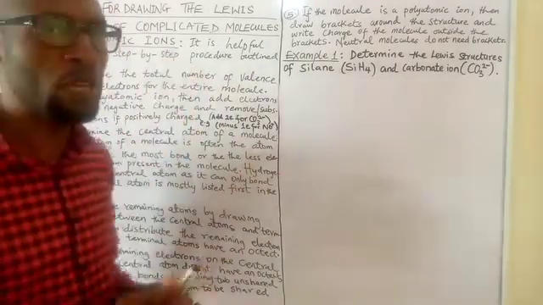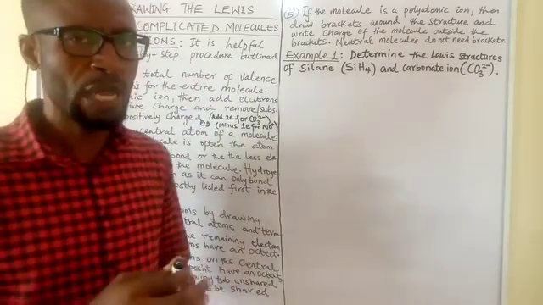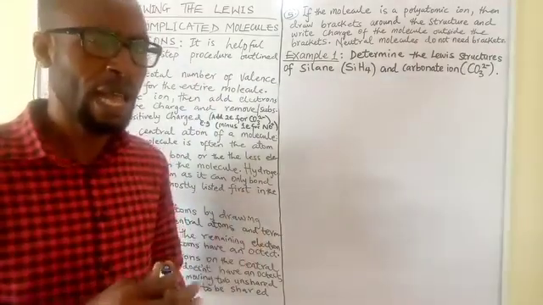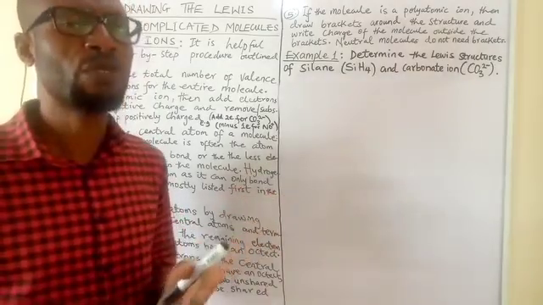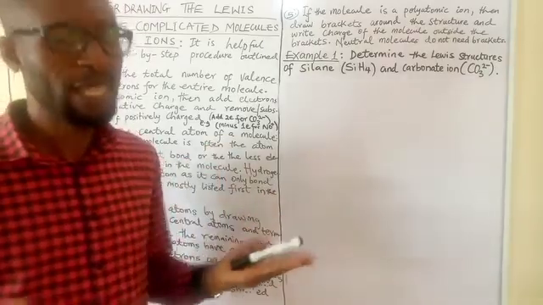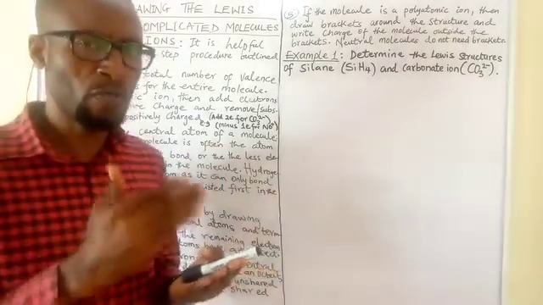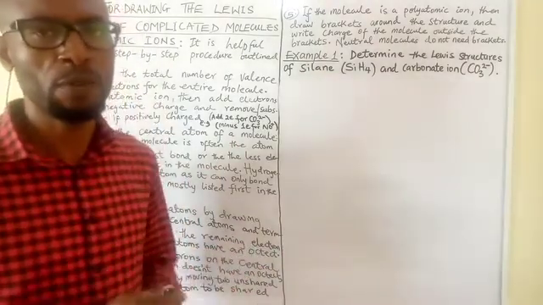Even what we call polyatomic ions, ions comprising two or more elements, or more than one atom. So for us to be able to draw their Lewis structures appropriately and seamlessly, there is need for us to follow a stepwise process or procedure.